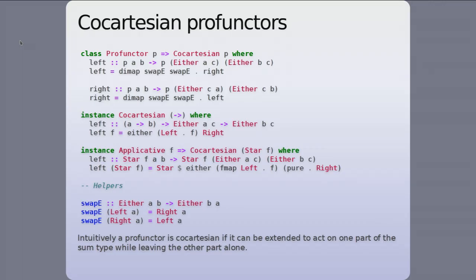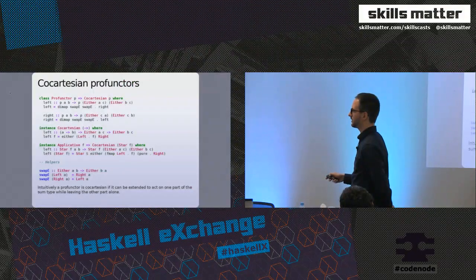And in the Star f case, we actually require f to be an applicative, because we need to inject the right value into a functor, and we need pure for that. And for the left side, we just execute f and then inject f left into a functor so that it type checks.